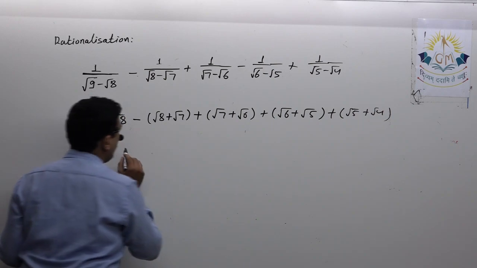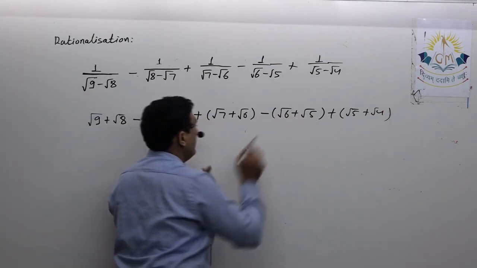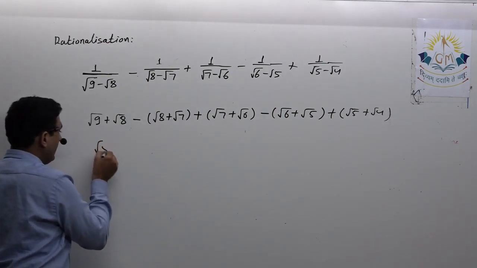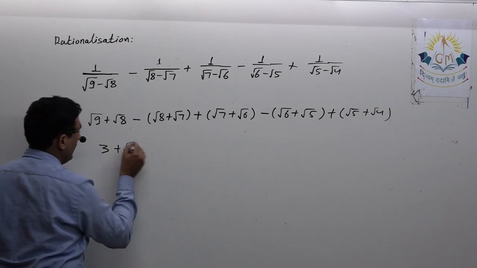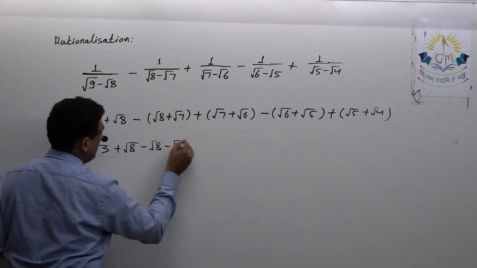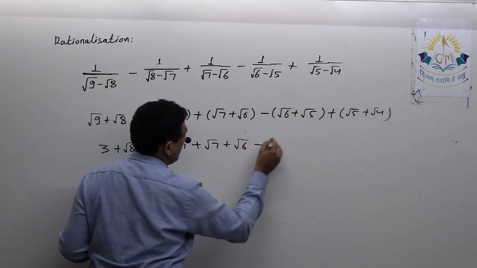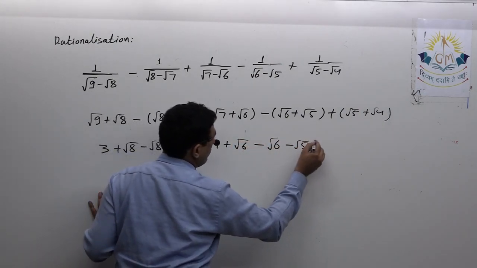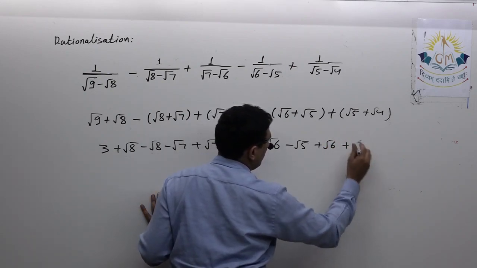So now when I open the bracket, see plus minus plus minus and then plus. Root 9, so I am writing it as 3, plus root 8 minus root 8 minus root 7 plus root 7 plus root 6 minus root 6 minus root 5 plus root 5 plus root 4, that is 2.